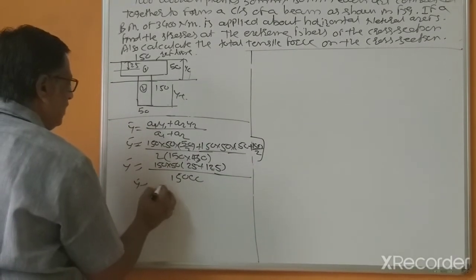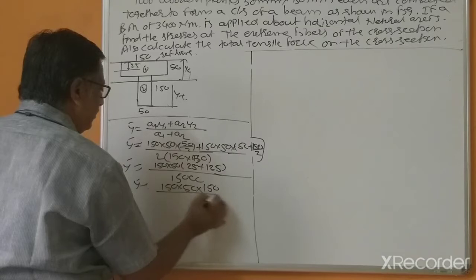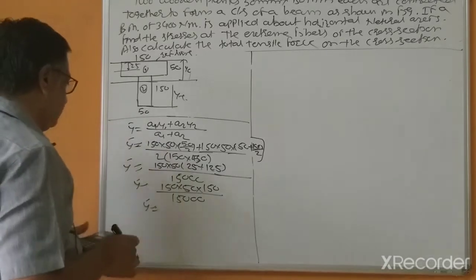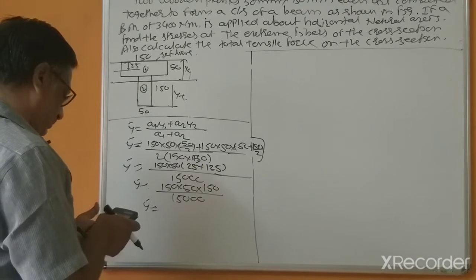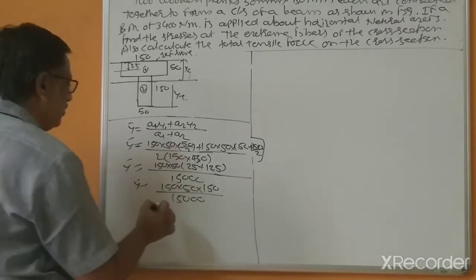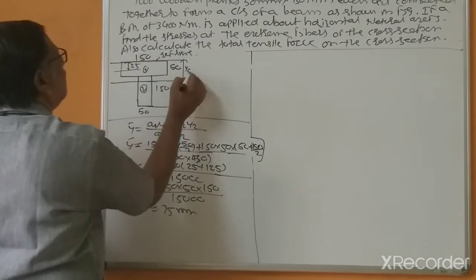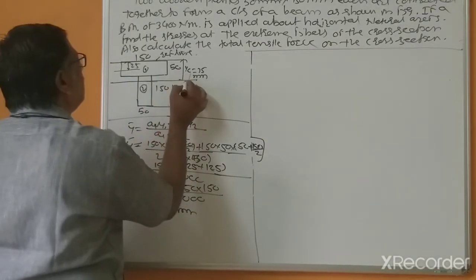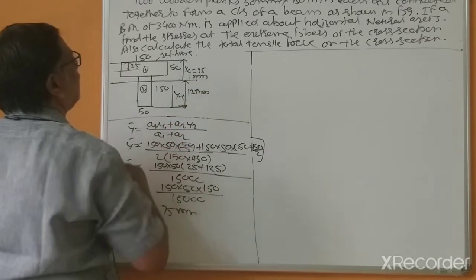So that's why Y bar equals 150 into 50 multiplied by 150... this is equal to 75 mm. So this distance equals 75 mm. Remaining 50, this is 200, so that's why this is equal to 125 mm.